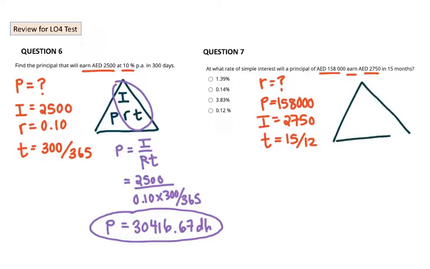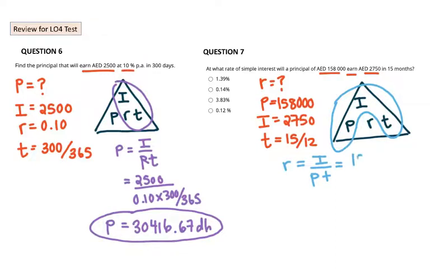Whenever you are given the I, but you're missing P or R or T, you can set up this triangle, and then we know the formula to find R is that R equals I divided by PT. We plug in what we're given. I is 2750 divided by P, 158,000 times T, which is 15 over 12.